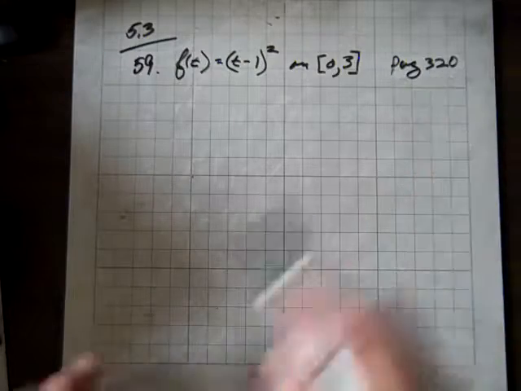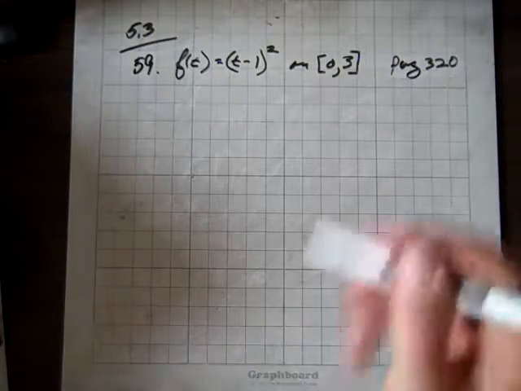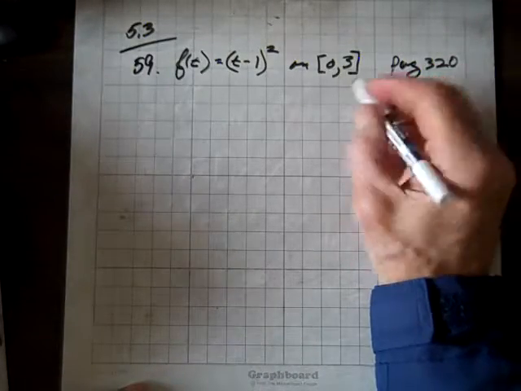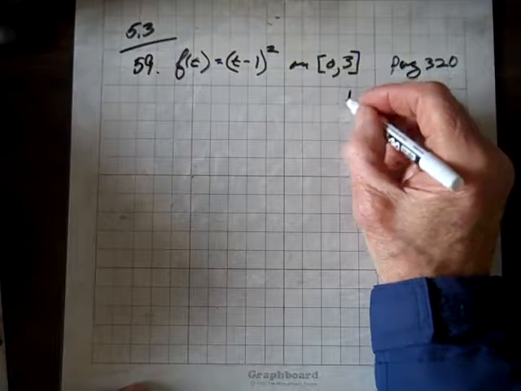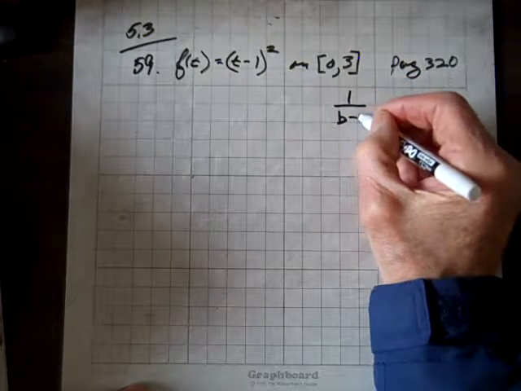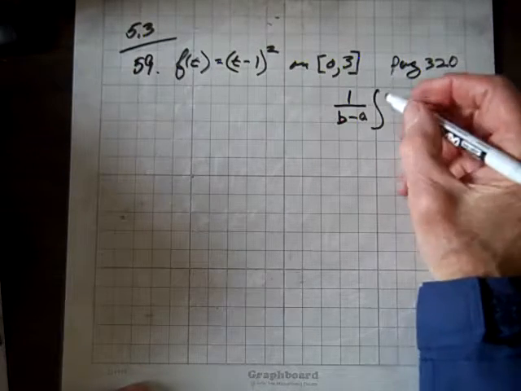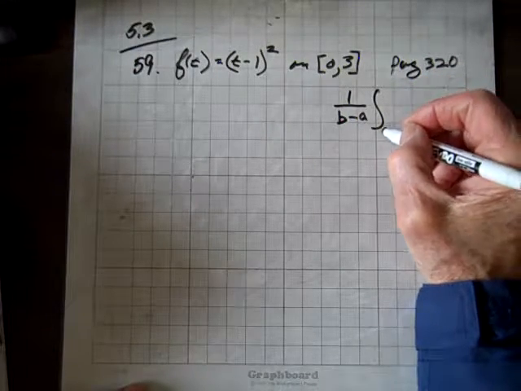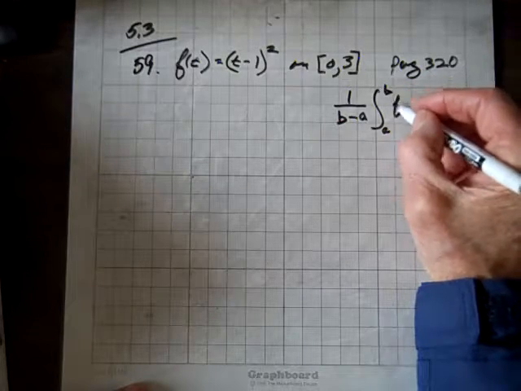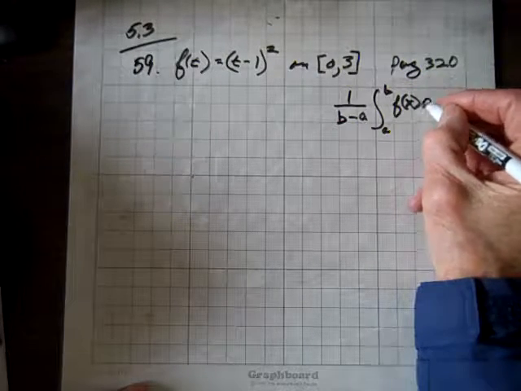Well, now we're doing question 59, and we have to find the average value. And that formula for average value can be found on page 320. What it is: 1 over b minus a, in other words, the width of the interval, times the integral from a to b of f of x dx.